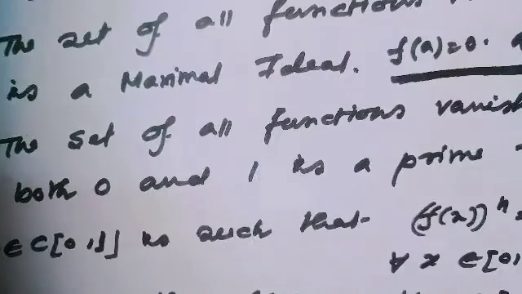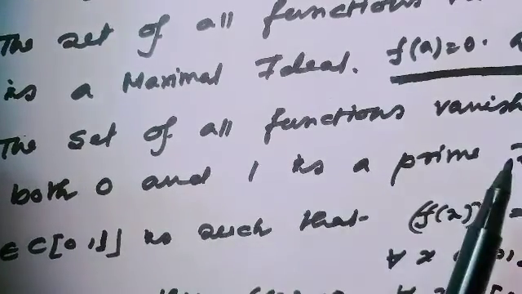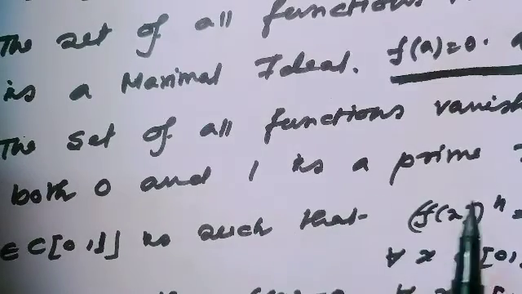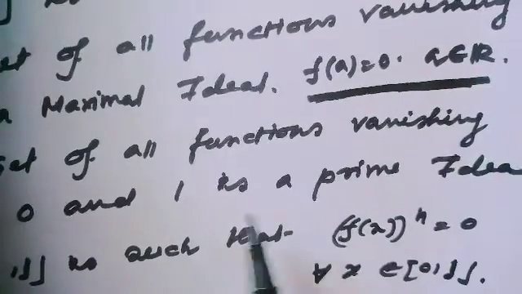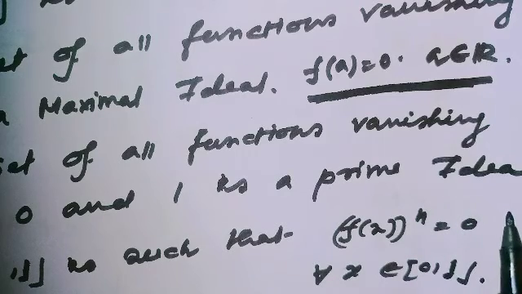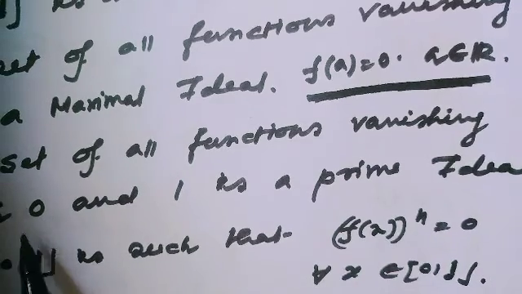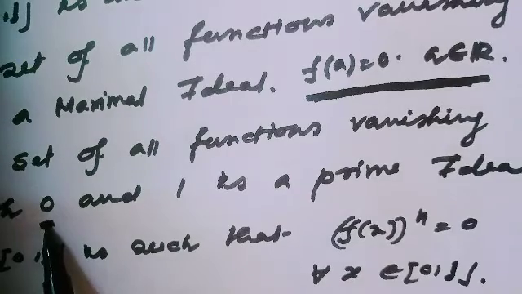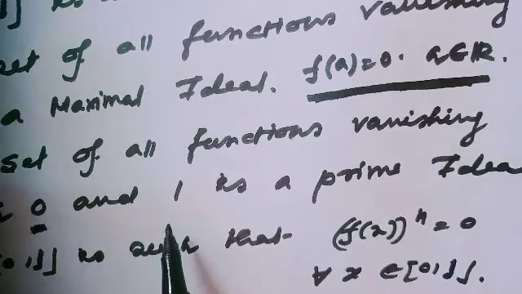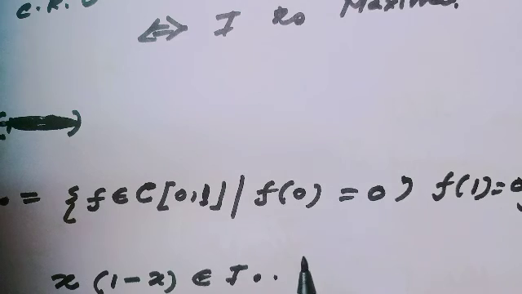Okay. And option 3 indicates the set of all functions vanishing at 0 and 1 is a prime ideal. We all know this type of ideal is not maximal, and it does not mean it is prime. I have defined this type of function in my earlier video also. Just see here, the functions vanish at the points 0 and 1.